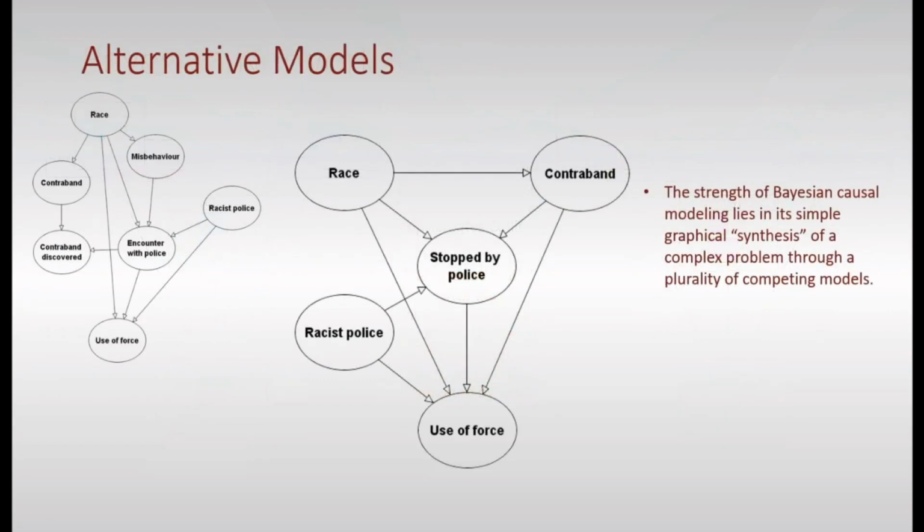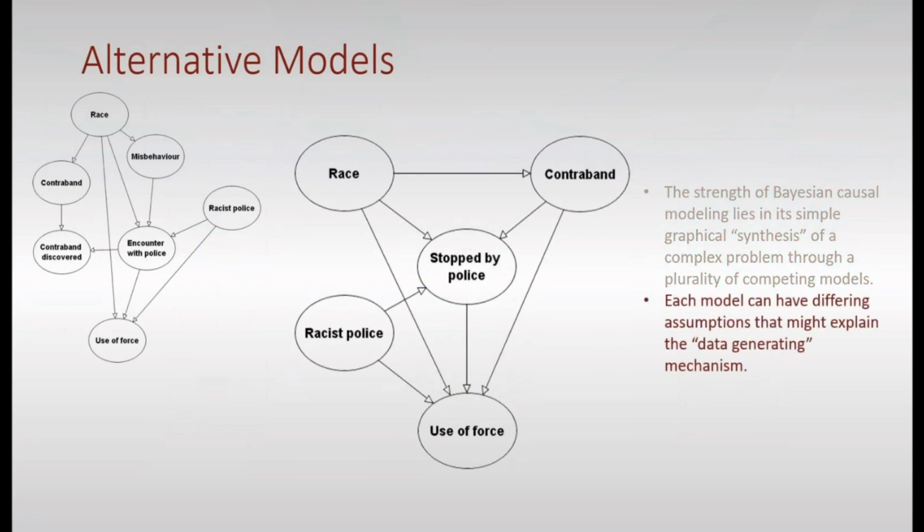Now, there are alternative models, and we're not saying that's the only way to model things. The nice thing about Bayesian networks is that you have this simple, graphical synthesis of a complex problem. You can create a variety of competing models with which you can test different hypotheses.